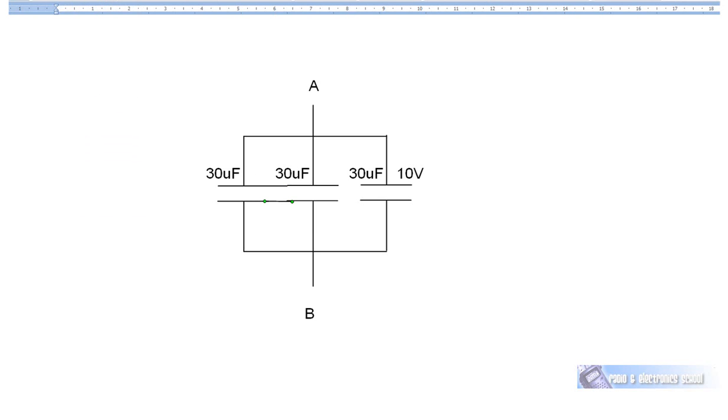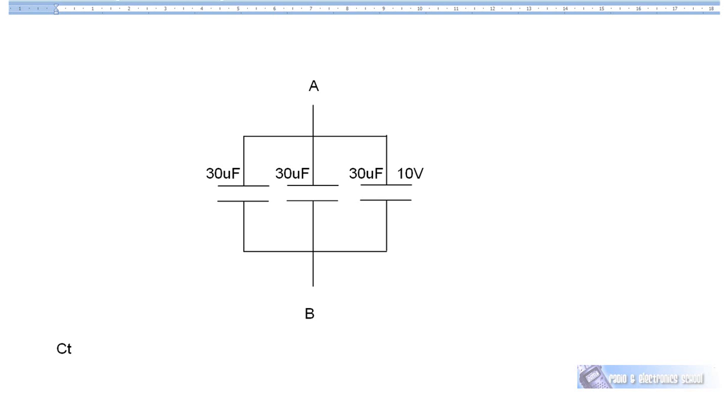I know it's a bit rough, but it'll do. By connecting them in parallel, we've actually increased the size of the plates by a factor of 3, so the capacitance is greater. So we now really only have one big capacitor. What is its capacitance? You simply add them up for capacitors in parallel.